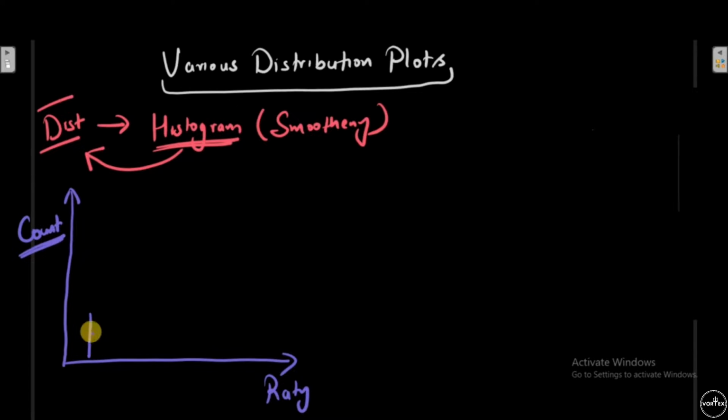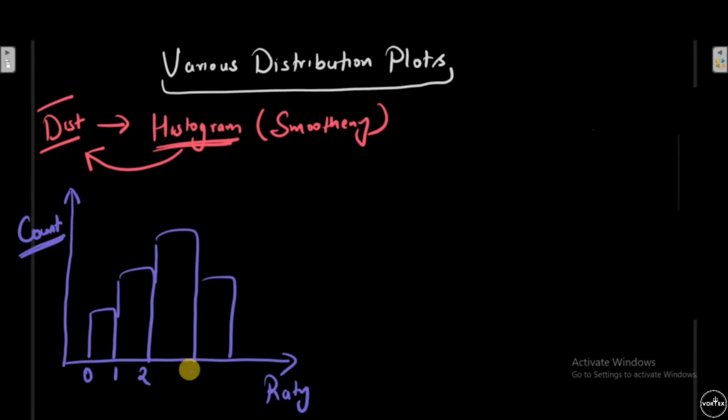Let's say I have all these bars: the first bar, the second bar, the third bar, and the fourth bar. I can have values as 0, 1, 2, 3, 4, and here I can have counts as, let's say, 1k, 2k, and so on. This is what my histogram is all about, because it is telling what the frequency is if I have a rating between 2 to 3, or a rating of, let's say, 2.1. This is what my histogram is telling us.